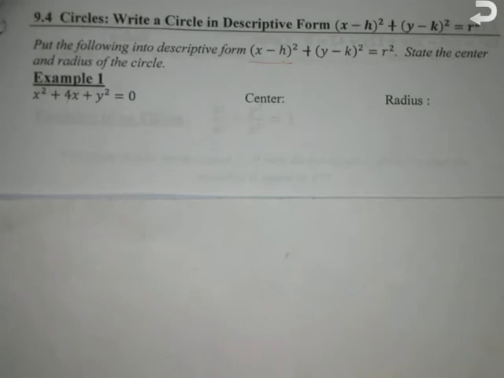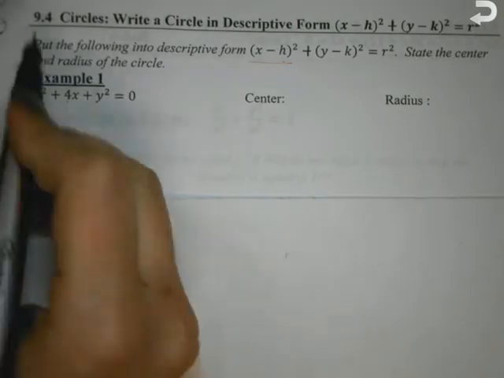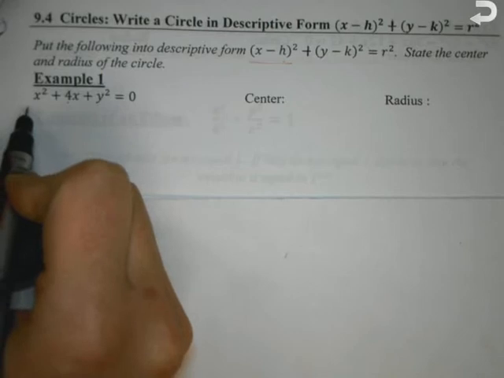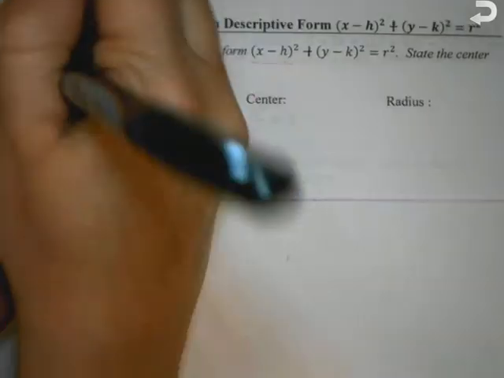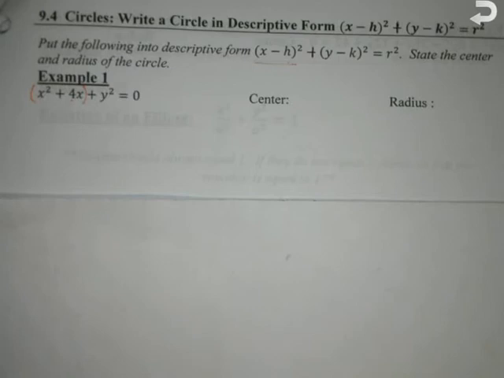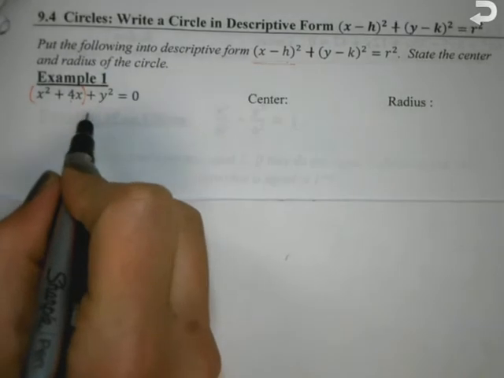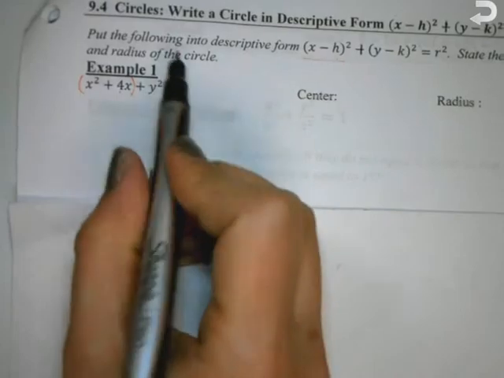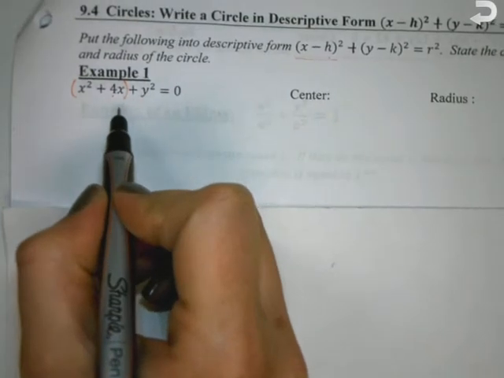So what we want to do here is whenever we have terms with the same variable in it, we're going to group them. So we're going to group all the x's together. Now the y's we don't really have to worry about because there's no other y's in here besides the y squared. So we just get to leave y alone this time.